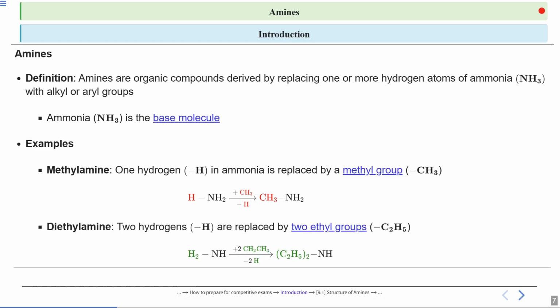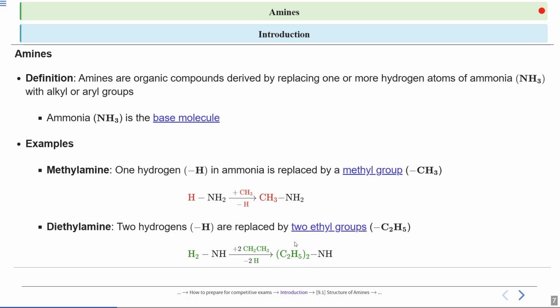Next, take one more example, diethylamine. What I did in this case is I have replaced 2 hydrogens of ammonia by ethyl groups. This is ammonia with 3 hydrogen atoms. I have replaced 2 hydrogens by 2 ethyl groups.